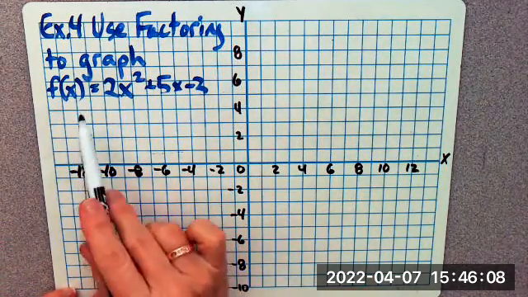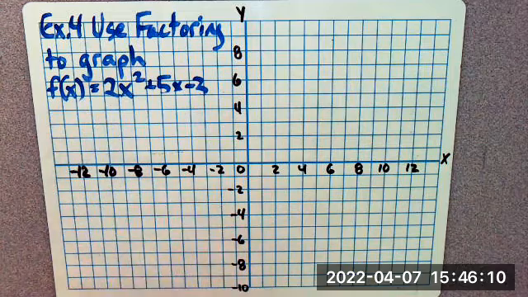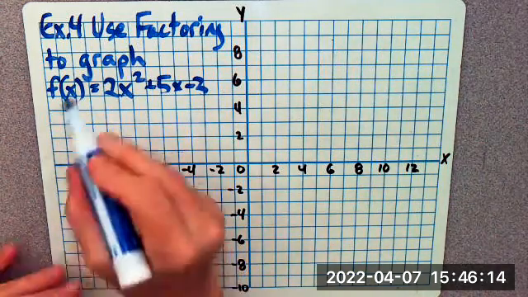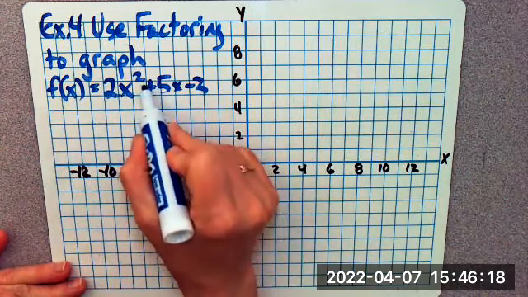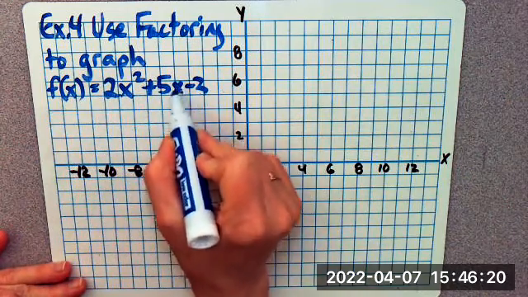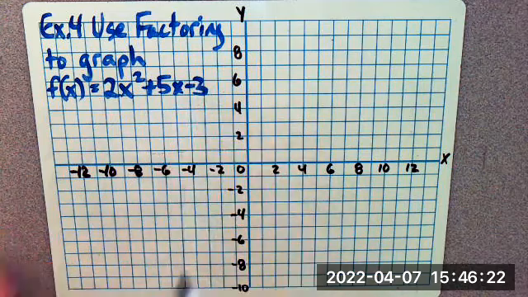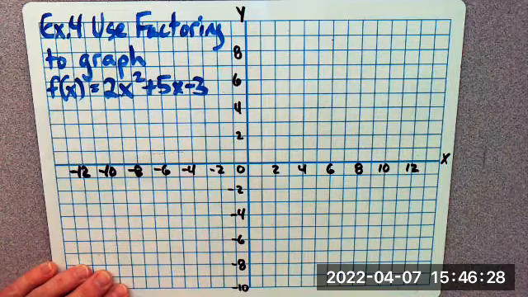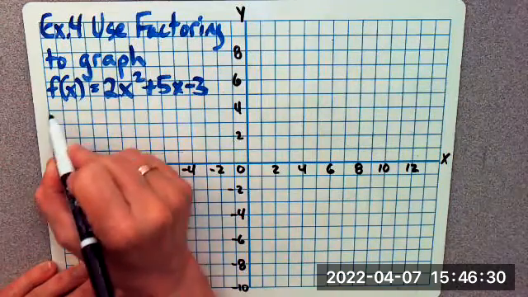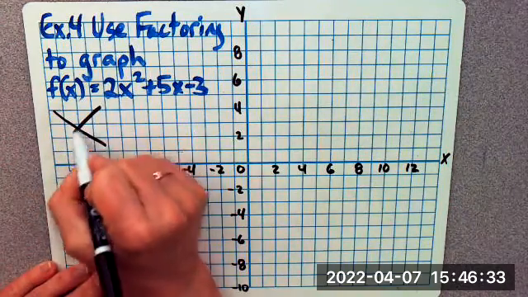So we have f of x equals 2x. Looks like it got a little erased here. So we have 2x squared plus 5x minus 3. So we want to factor that and then graph it. So we're going to take a little diagonal here.